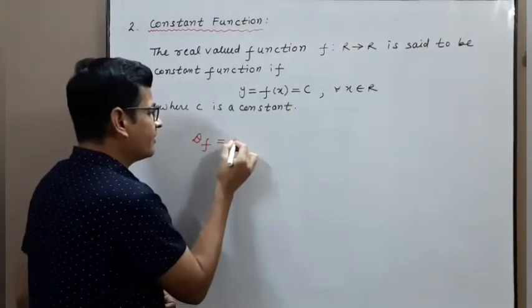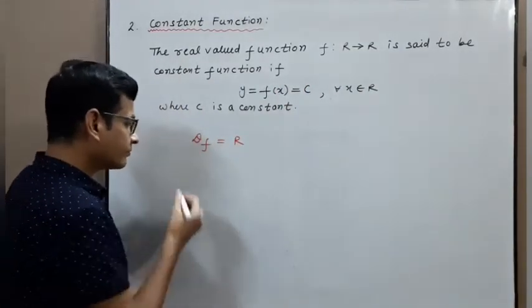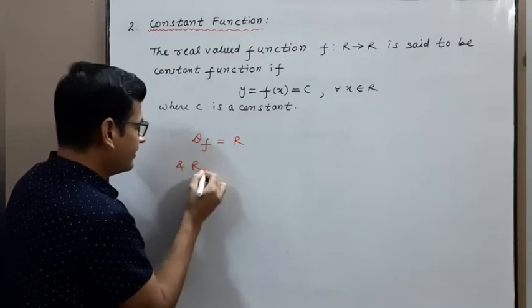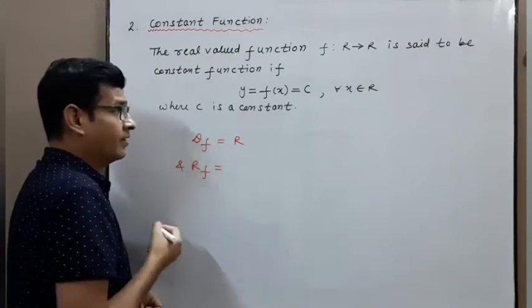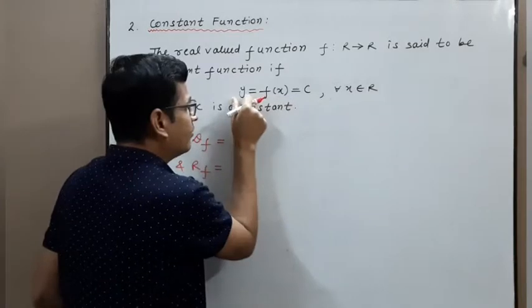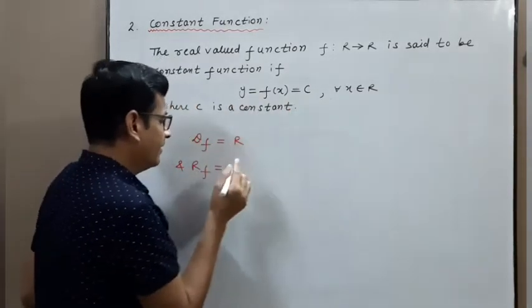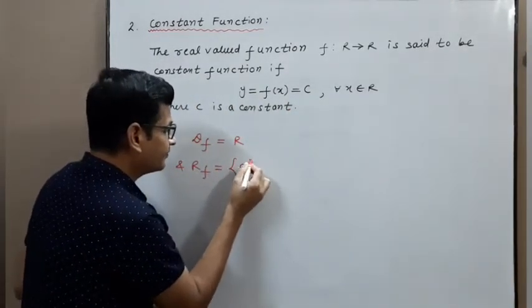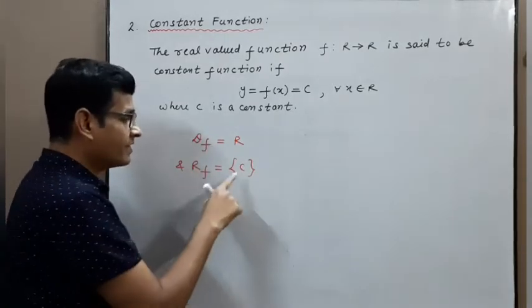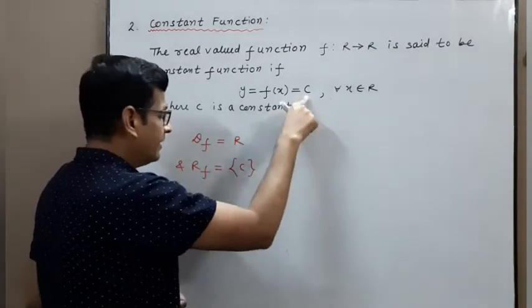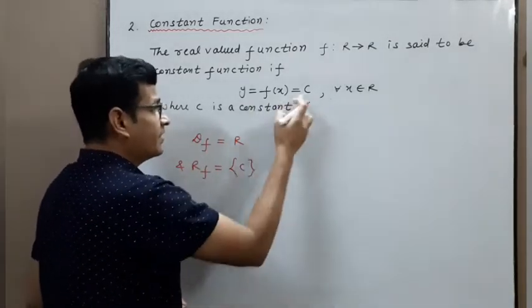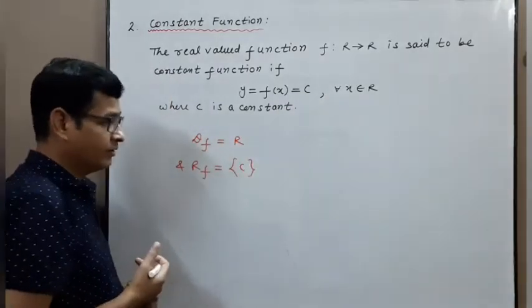So the domain of the constant function is R. And range. For every x belonging to R, the value of f(x) is c. So only a single element c, which depends on the question. If c equal to 1, then range of f equal to {1}. If c equal to 2, then range of f equal to {2}.